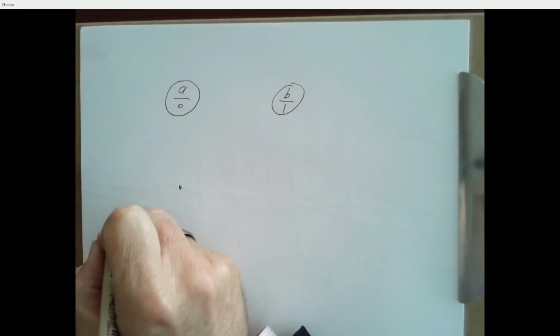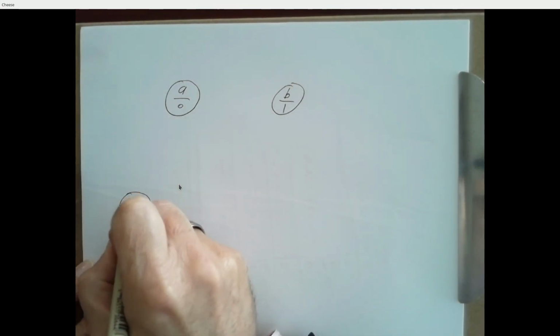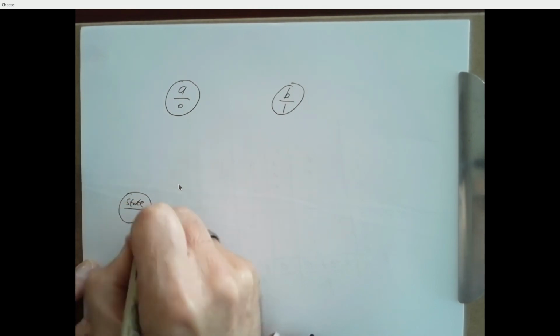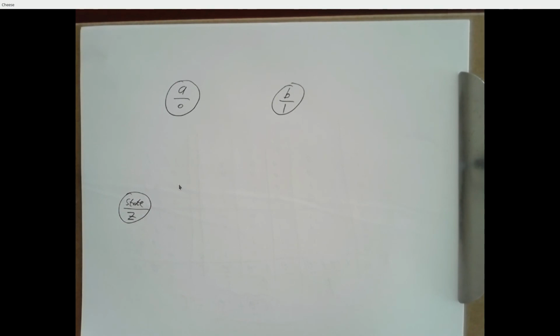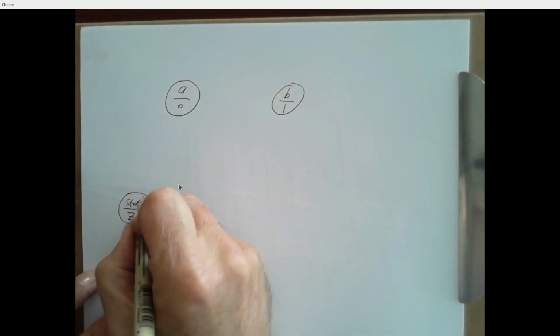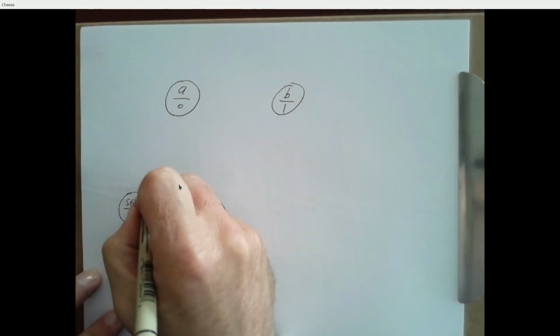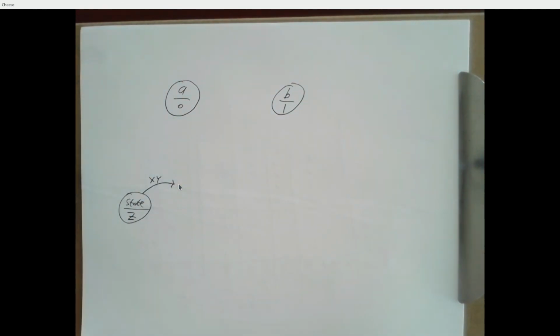And so I'll put a key down here. So I'm naming the state, and then I'm listing the output Z. And there's 2 inputs, X and Y. And so we should have 4 arrows coming out of each of these states for the 4 combinations of X and Y.